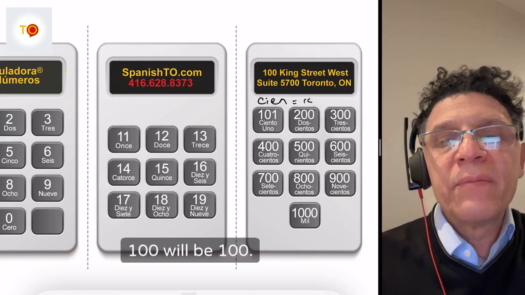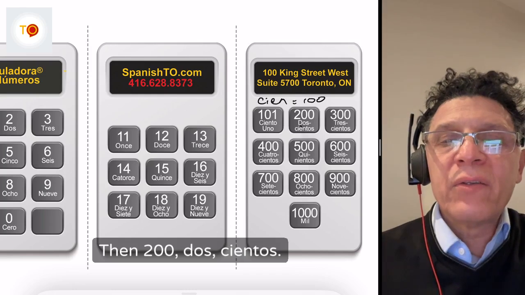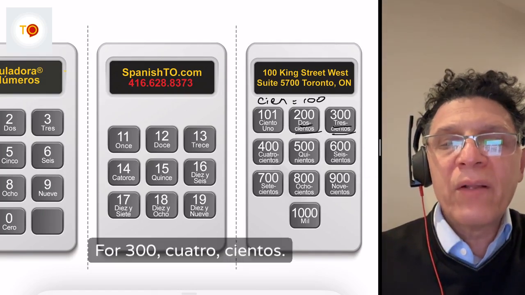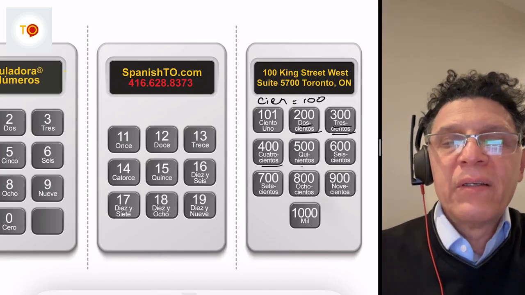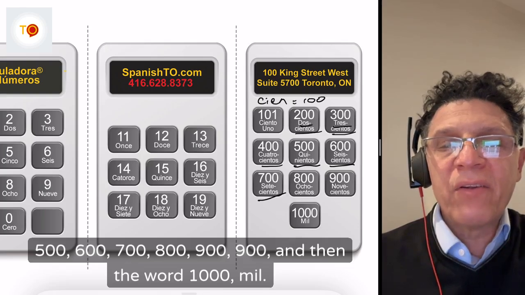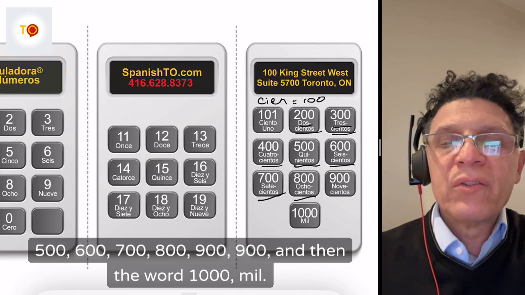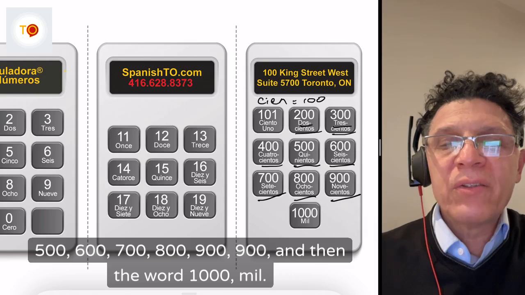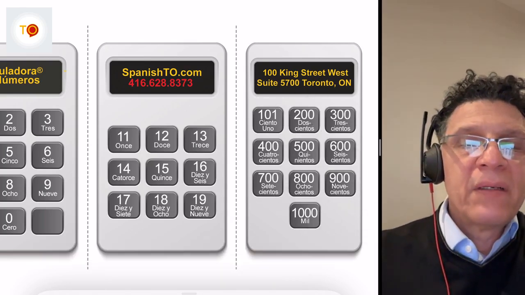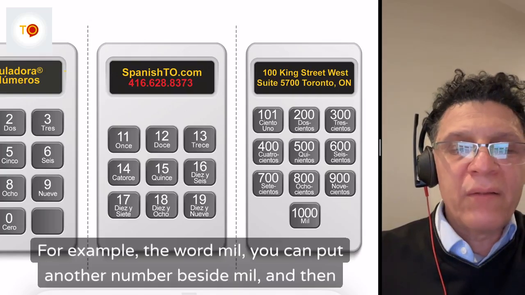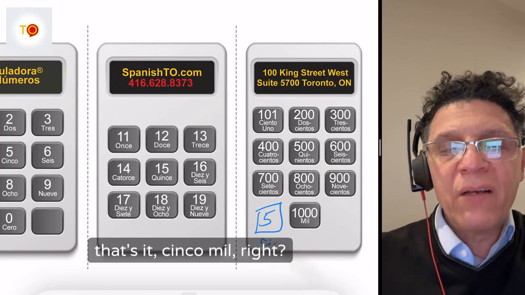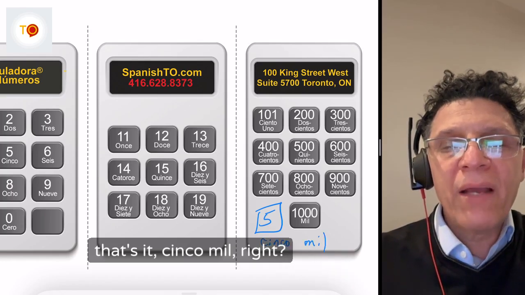Then 200, 300, 400, 500, 600, 700, 800, 900, and then the word 1,000. For example, the word 1000, you can put another number beside 1000, and then that's it, 5,000, right?